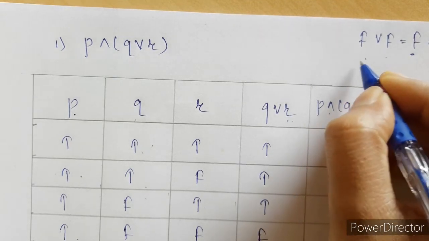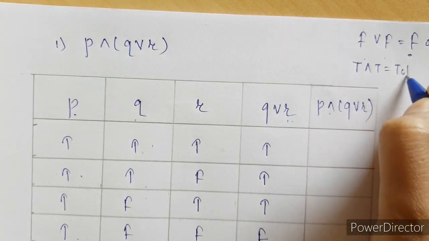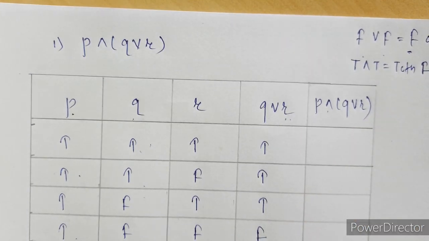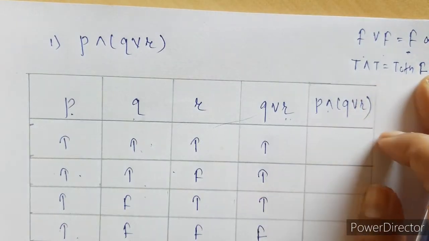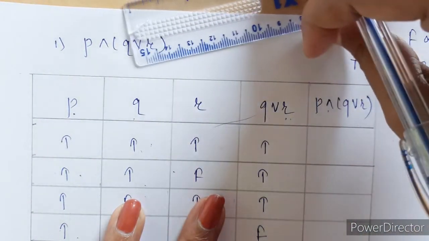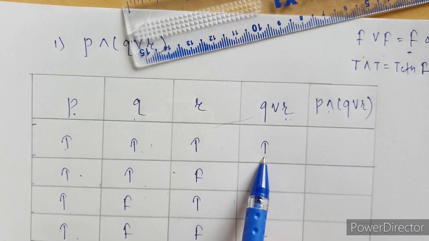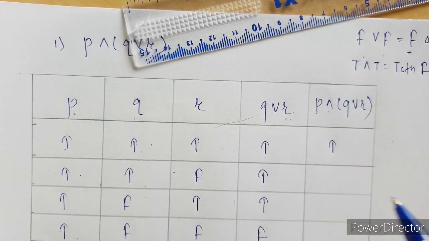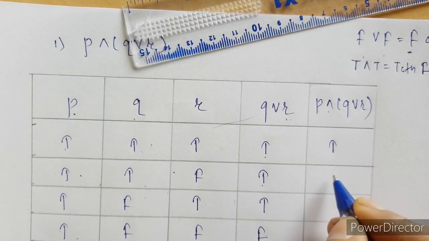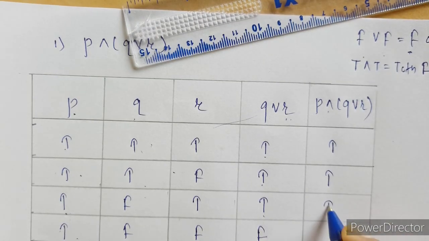Now in case of AND, true and true is true, otherwise for all other cases it is false. Let's compare. True and true, this is going to be true; true and true, again true; true and true, this will also be true.